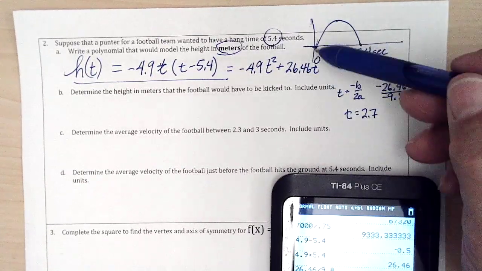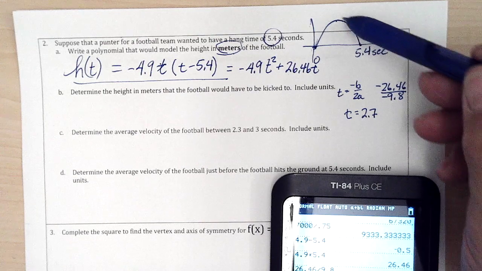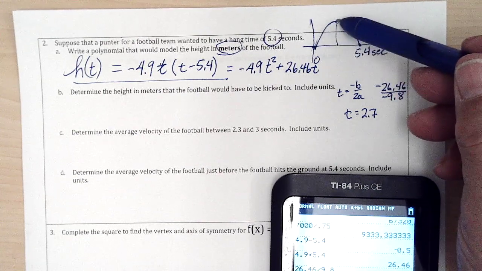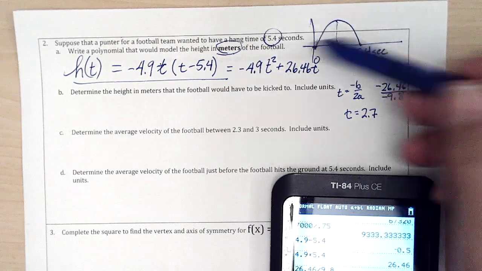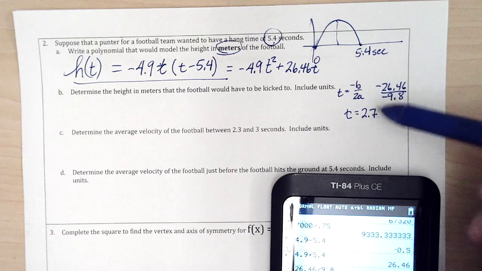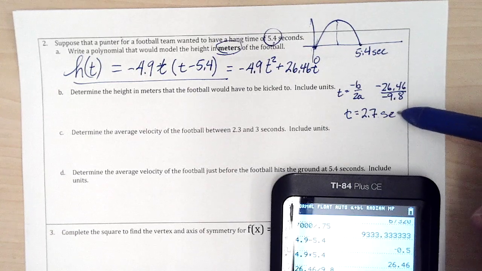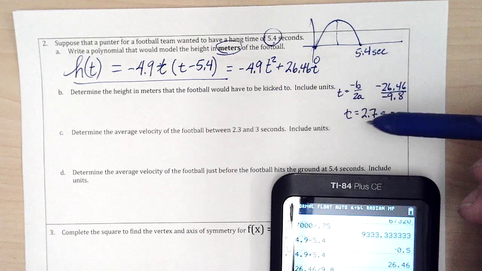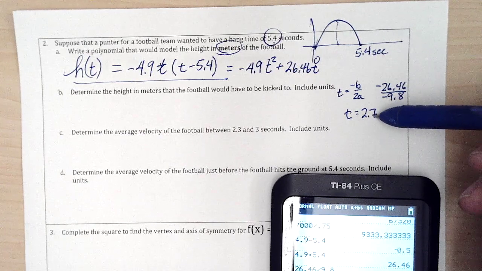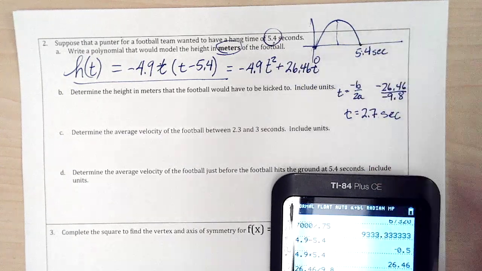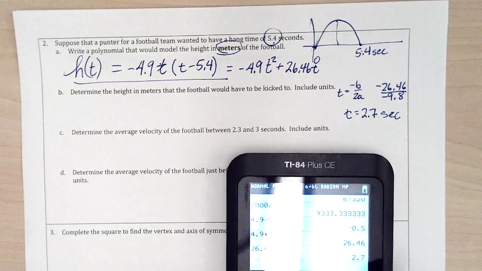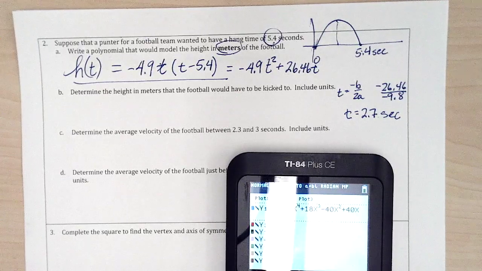If it's 5.4 seconds for the whole thing, half of that time it will be going up, half the time coming down, so it's half of 5.4, which is 2.7 seconds. That's when it's at the highest, but to find out how high it is, I have to put 2.7 in for the t's.